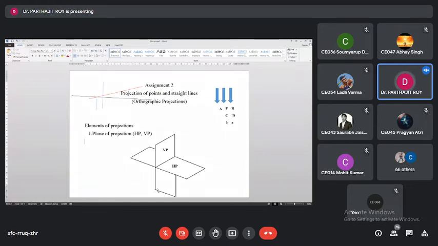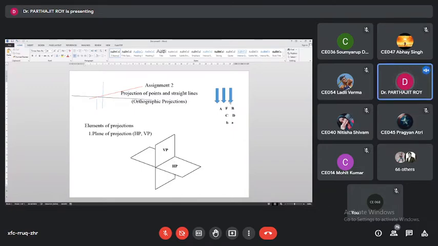The intersection of these two planes forms four quadrants. Is it yes or no? Yes, sir.